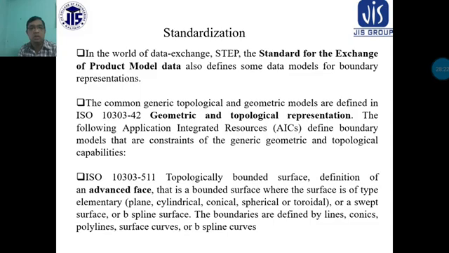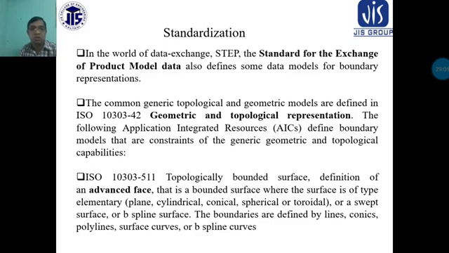ISO 10303-335 is on topologically bounded surface. This comes from the definition of an advanced face, that is a bounded surface where the surface is of an elementary type, such as a plane, a cylinder, a cone, a sphere or toroidal, or a swept surface, or a B-spline surface.